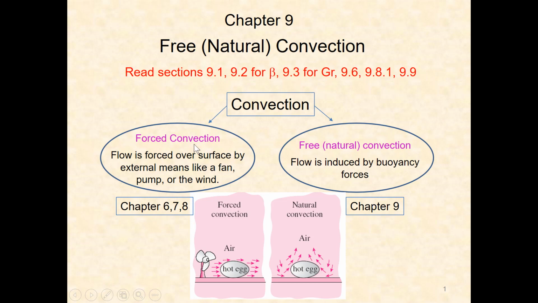In forced convection, the flow is forced over the solid surface by external means, like a fan, a pump, or the blowing wind. It was well studied in Chapters 6, 7, and 8. In free convection, the flow is induced by buoyancy forces. It will be studied in Chapter 9.